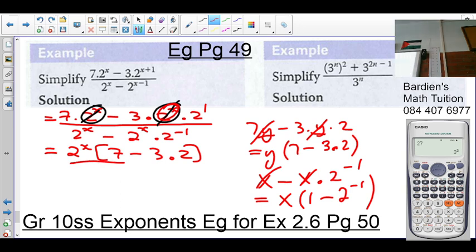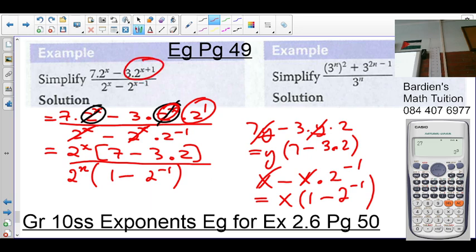So, if I look here in the denominator, if I take out 2 to the x as a common factor, what are we left with? 1 minus 2 to the negative 1. So I don't understand what you're confused about. This 2 here? From here. From here.